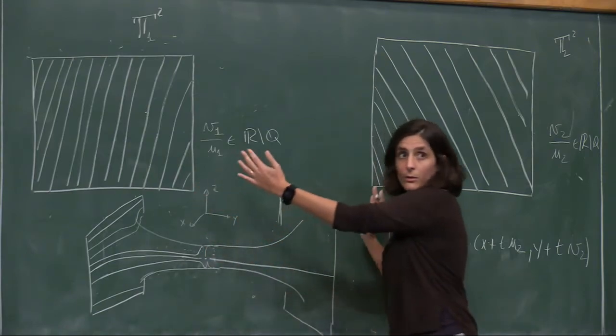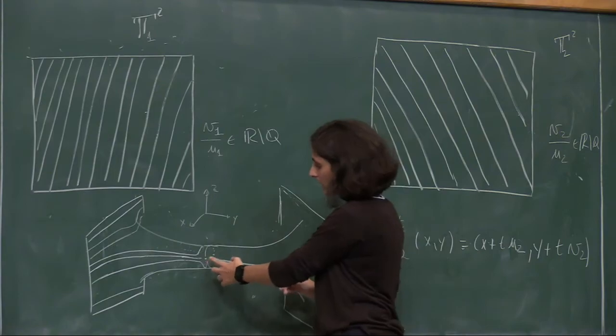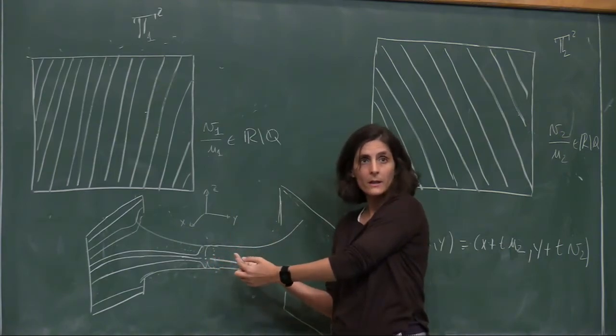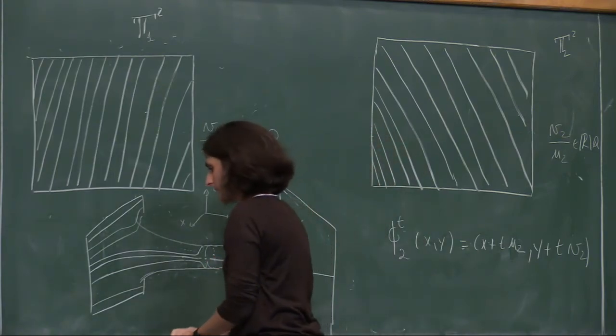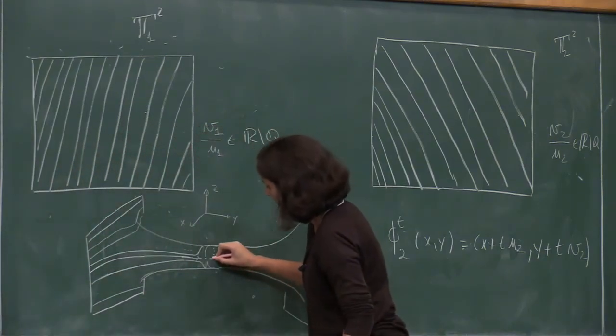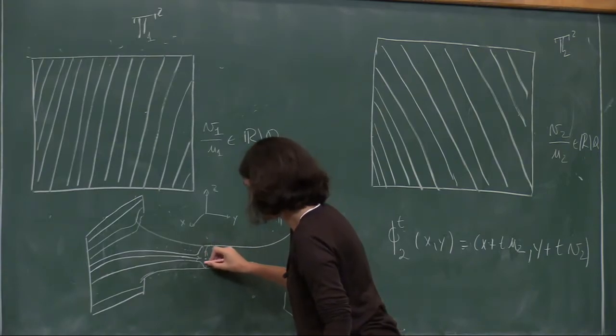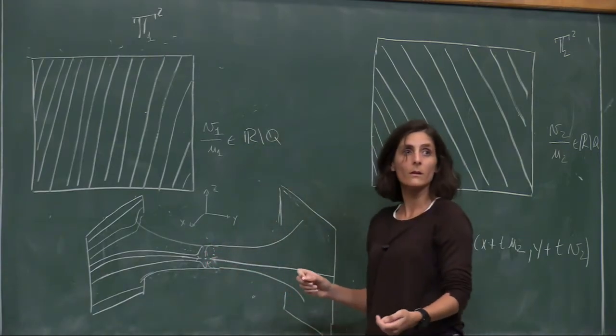And so on this object here, I just have two fixed points, this one and the other one on the other side, and those are hyperbolic. I draw it like this and like this. Okay?